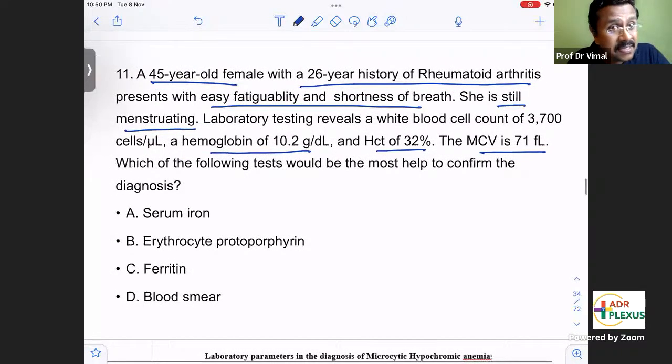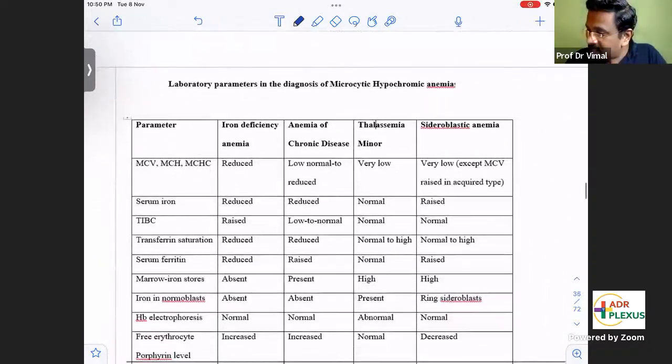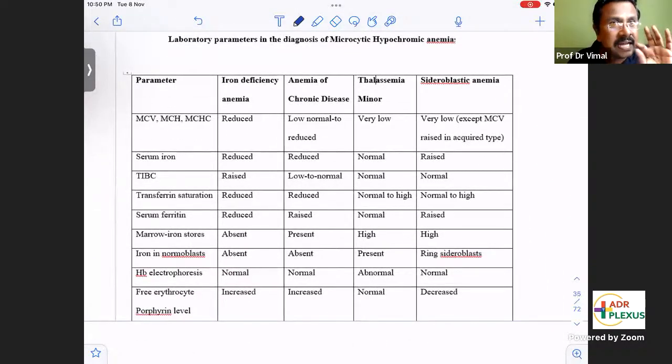They are asking which parameter's measurement will make the diagnosis. For this, we have to know the differential diagnosis of a microcytic hypochromic anemia: iron deficiency anemia, anemia of chronic disease, thalassemia minor, and sideroblastic anemia.